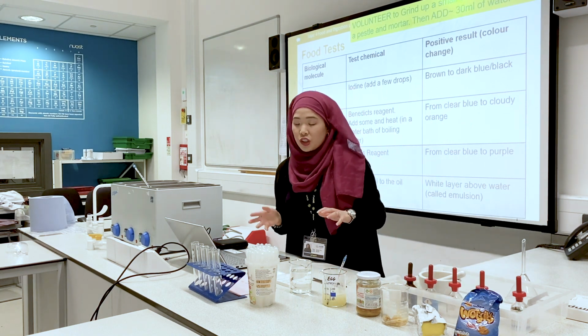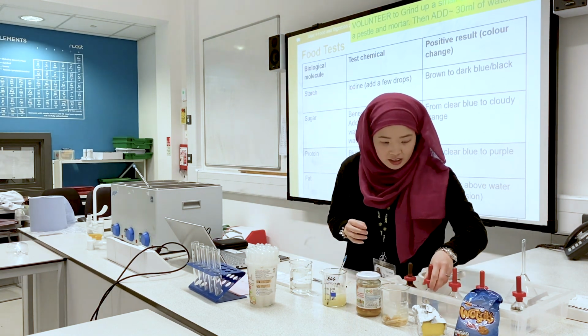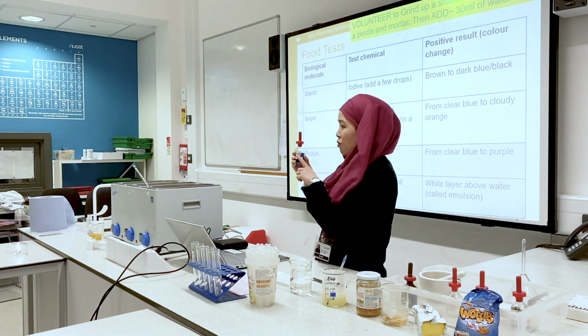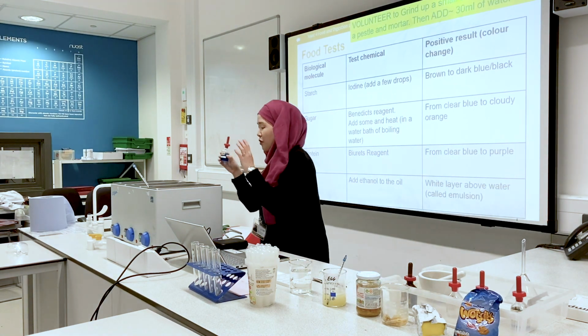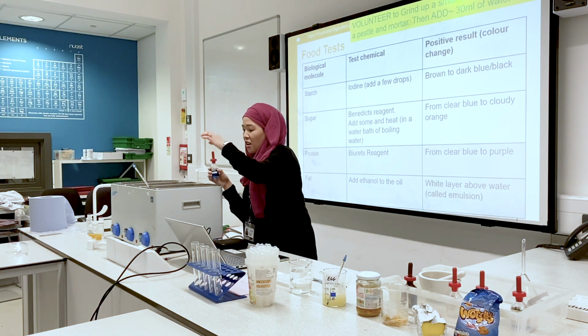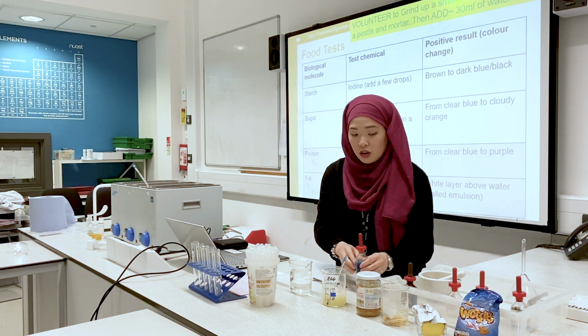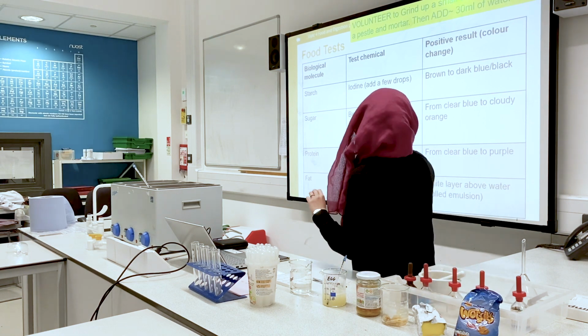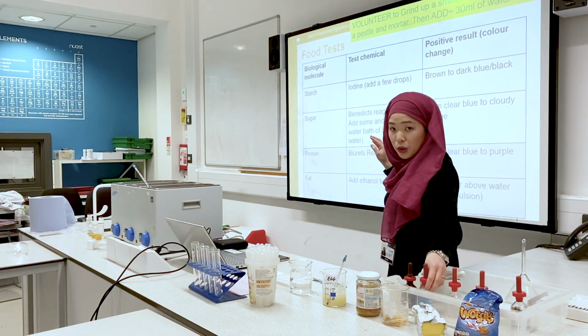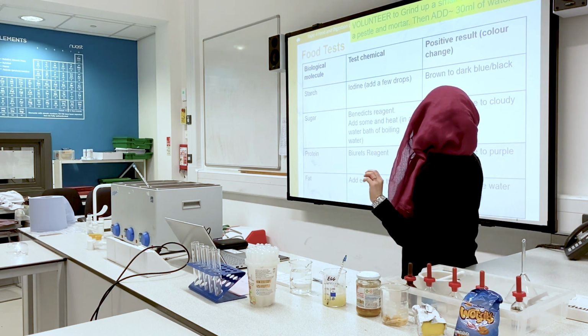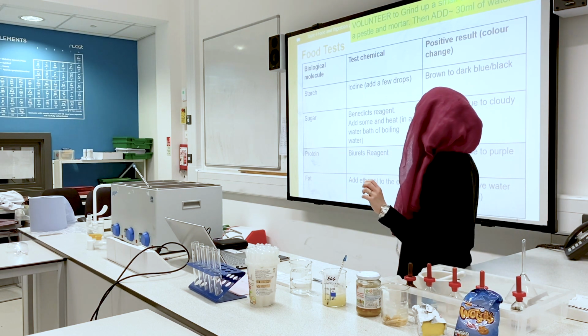Now, testing for sugars, we would be adding Benedict's reagent, and then I've got a water bath to put it in for warming it up. And if glucose is present, we would expect the blue colour to change to a red or orange colour.